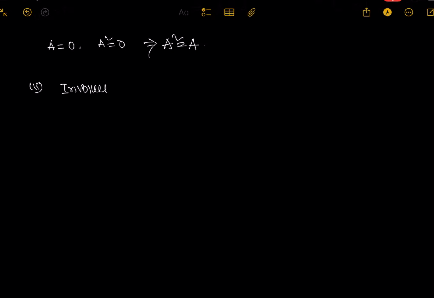Involutory matrix. Let us consider A, a square matrix. If A square equals I, then it is called an involutory matrix. So A square equals I, where I means the identity matrix.